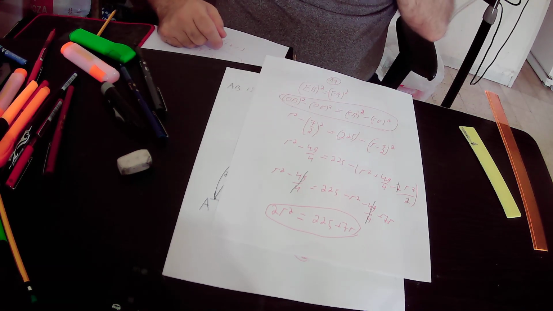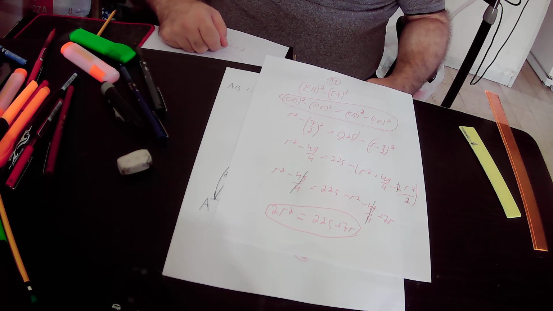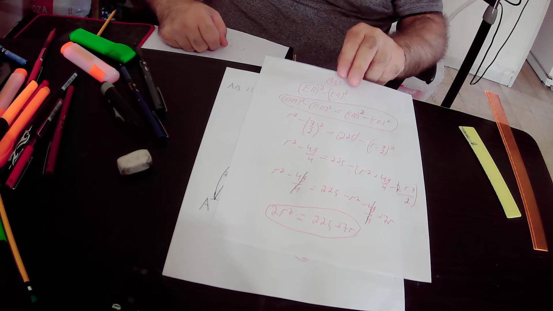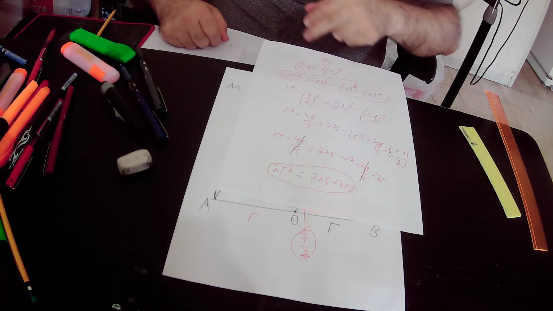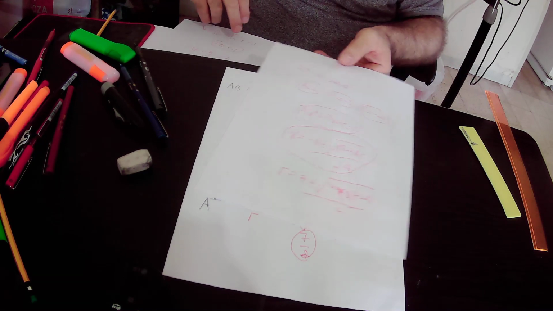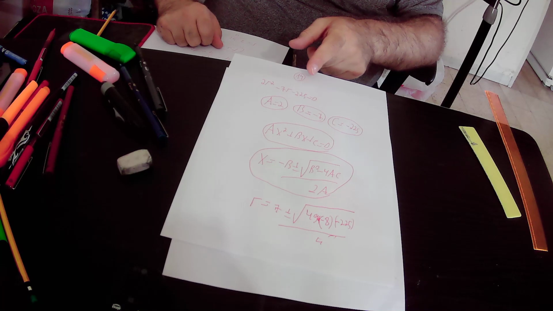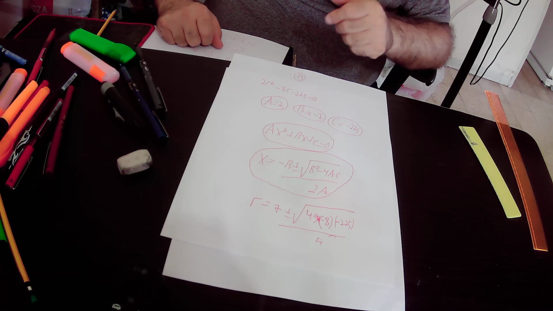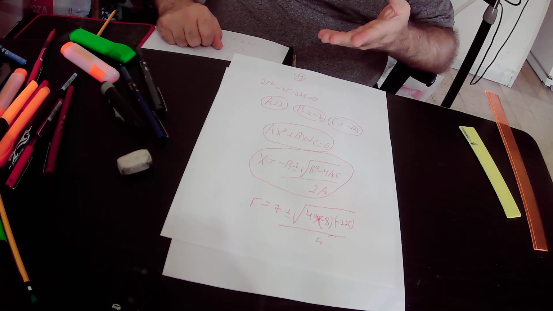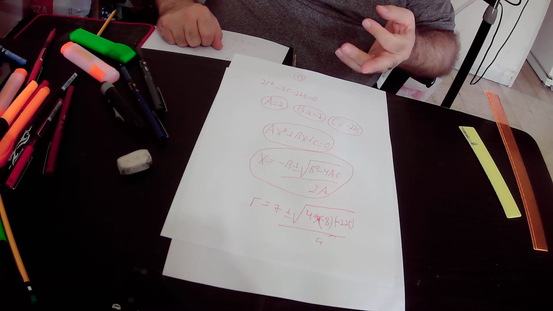So by solving this equality, we arrive at a quadratic equation that states 2r squared minus 7r minus 225 equals 0. The coefficients of this quadratic equation are a equals 2, b equals minus 7, and c equals minus 225.